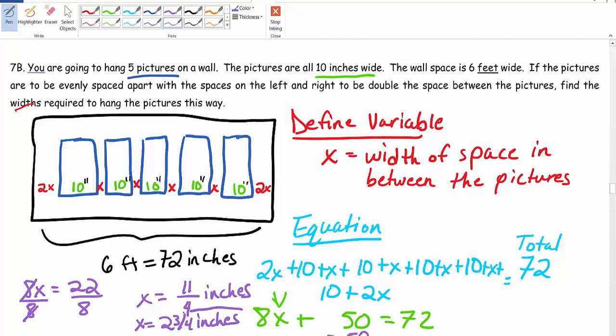And that's what the question was asking, the space in between the pictures, 2 and 3/4 inches. You would just double that to get the sides. Again, that is problem 7B from our target.